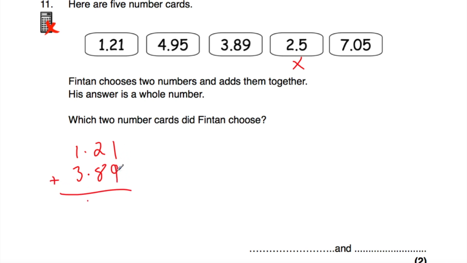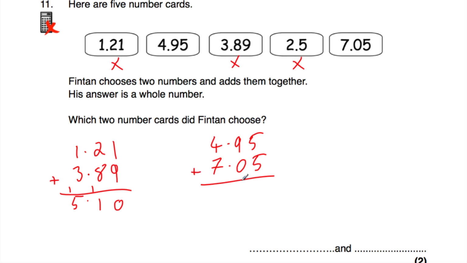So 1 plus 9 is equal to 10, put a 0 down and carry a 1. 2 plus 8 is equal to 10, plus another 1 is equal to 11, so put a 1 down and carry a 1. And 1 plus 3 is equal to 4, plus another 1 is equal to 5, so that'll be 5.1. So that one wouldn't add together to be a whole number. It's not going to be that one or that one, so that one can't pair up with anything. And likewise, this one's not going to be able to pair up with anything to add together to be a whole number. So let's try 4.95 and 7.05.